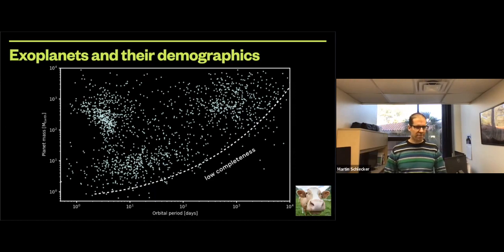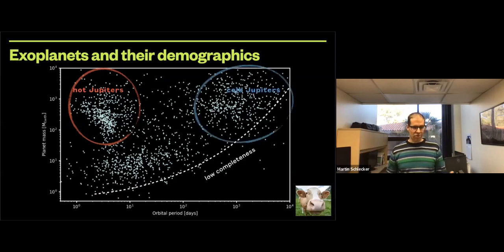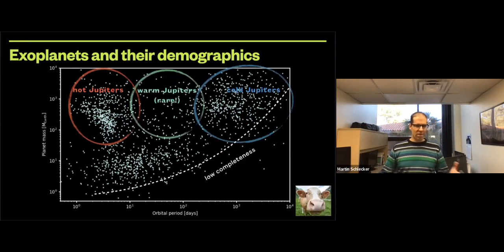We can also identify different groups of planets, for example, 3 groups of giant planets, well, depending on how you count it, but I see 3 groups there. I see the hot Jupiters that are actually highly overrepresented. This comes from this detection bias. They're actually rare. And then there are cold Jupiters, which are much more abundant. And in between, there are also a few warm Jupiters, and they also seem to be genuinely rare.